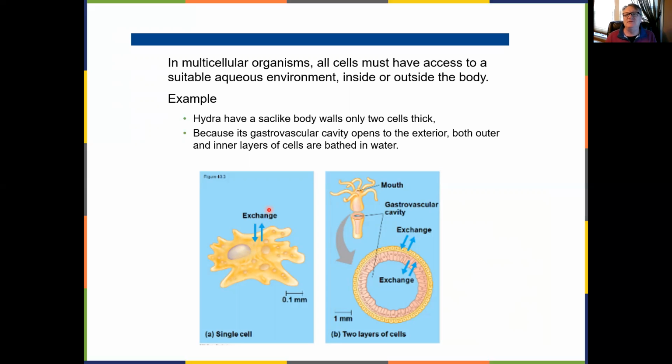And so it's a very simple notion of how a single cell exchanges with its environment. But it also is why all these single cell organisms have to be in water, because that's how they're diffusing things back and forth.